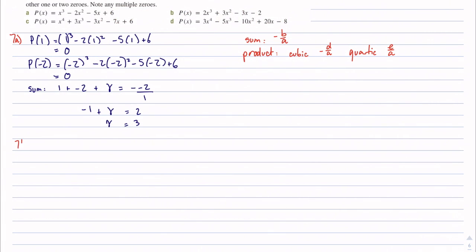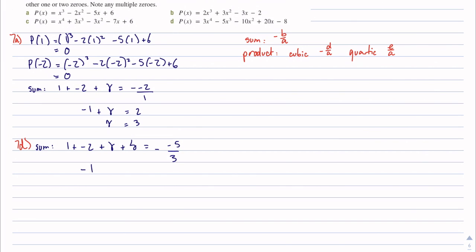For 7b, here I'm not going to go through and show that they're zeros. You know how to do that. I'm not going to do b either. You do that exactly the same way. I'm going to do d. Here I know the sum. I have 1 plus minus 2 plus gamma plus delta equals minus b on a, which gives me minus negative 5 on 3.